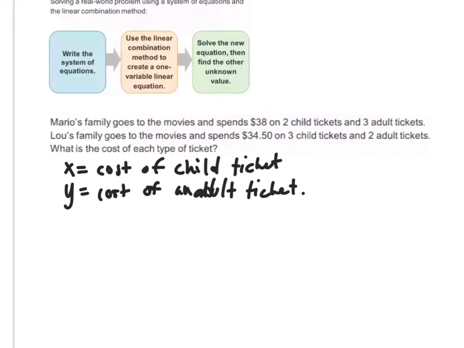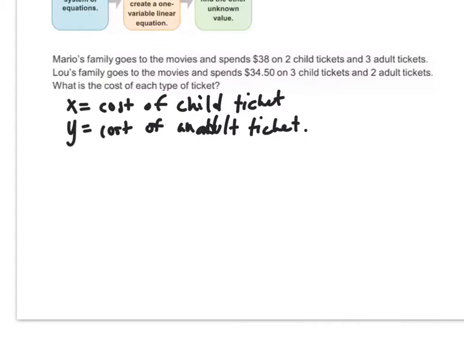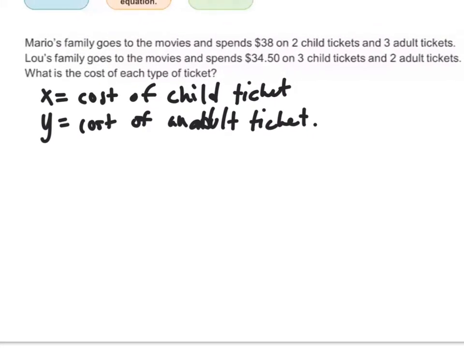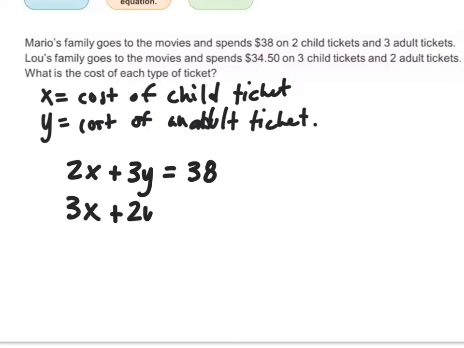Okay, so let's write 2 equations for this situation. If I get 2 child tickets for the first one, so 2x plus 3y, that's going to give me a total of $38. On the other hand, for Lou's family, we have 3 child tickets, so 3x, plus 2 adult tickets, so 2y.